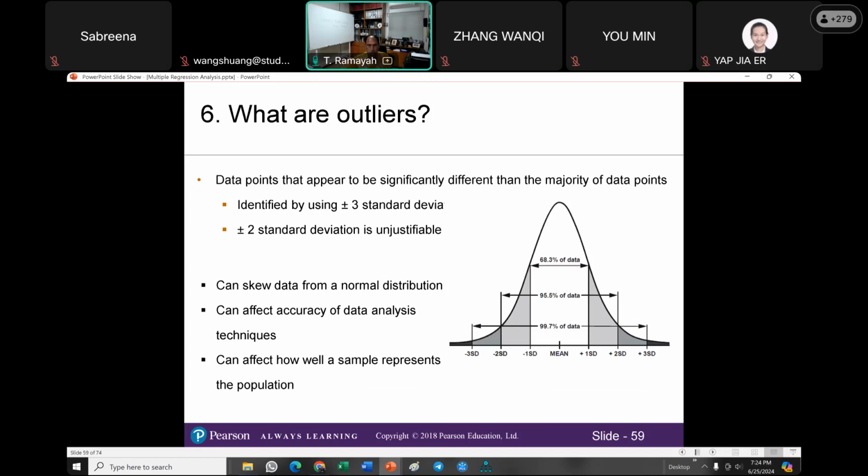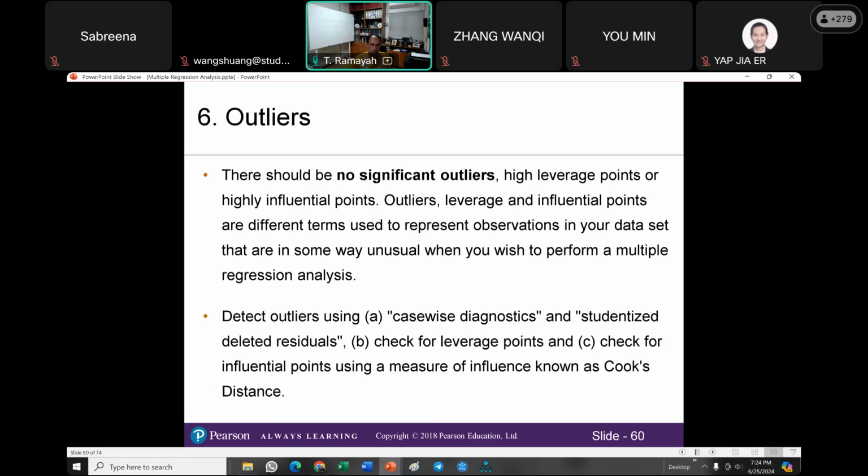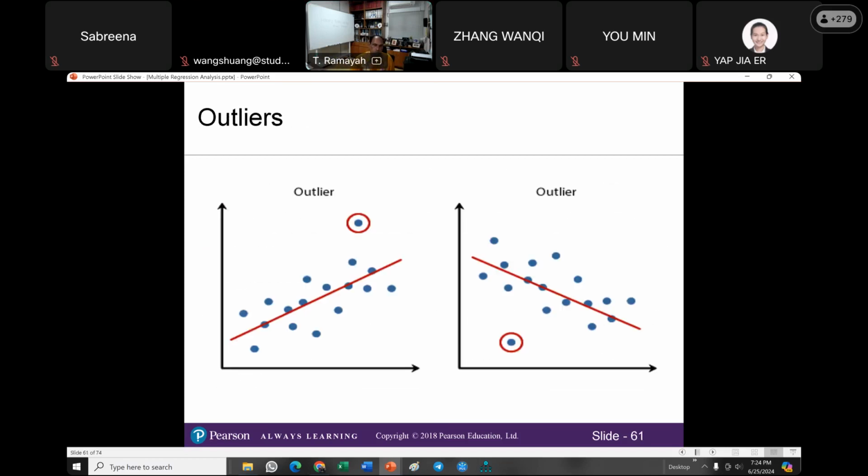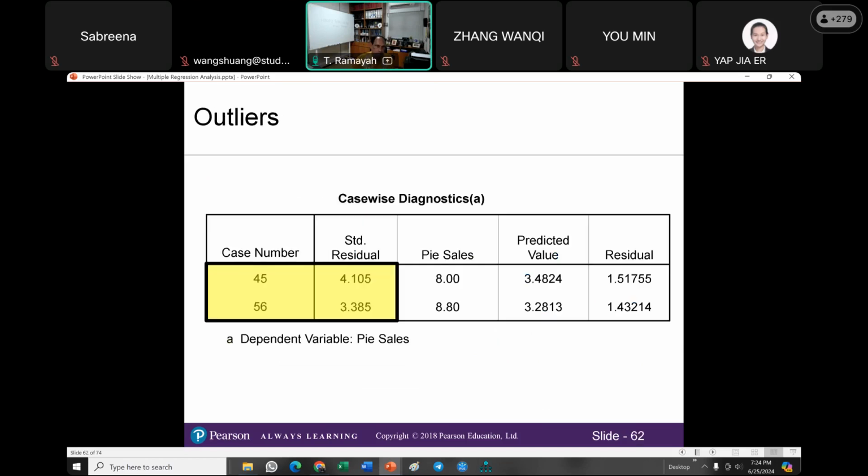So how do you get that? In the software, they will give you this. This is the context of outliers. All your points are near the line and they have one value very high, which is very far away from the line, at the top or at the bottom, right? This is called an outlier. So when you run your analysis, they will give you this case-wise diagnostic. When you run the analysis, you need to pick this option called case-wise diagnostic. They will run and give you this.